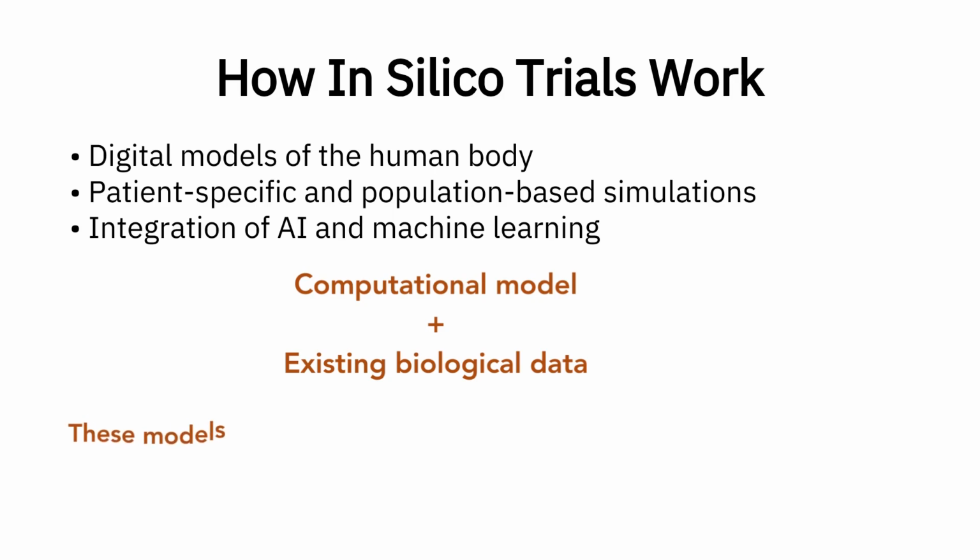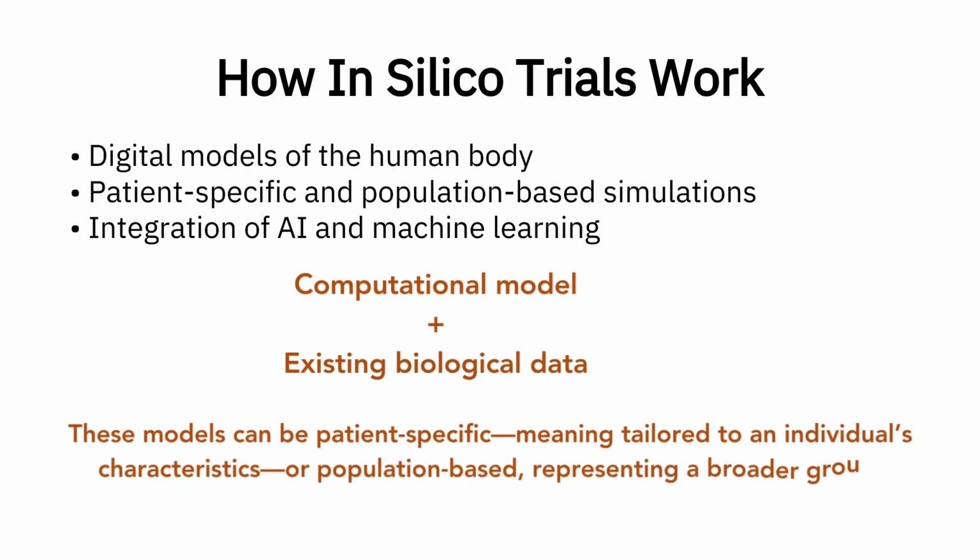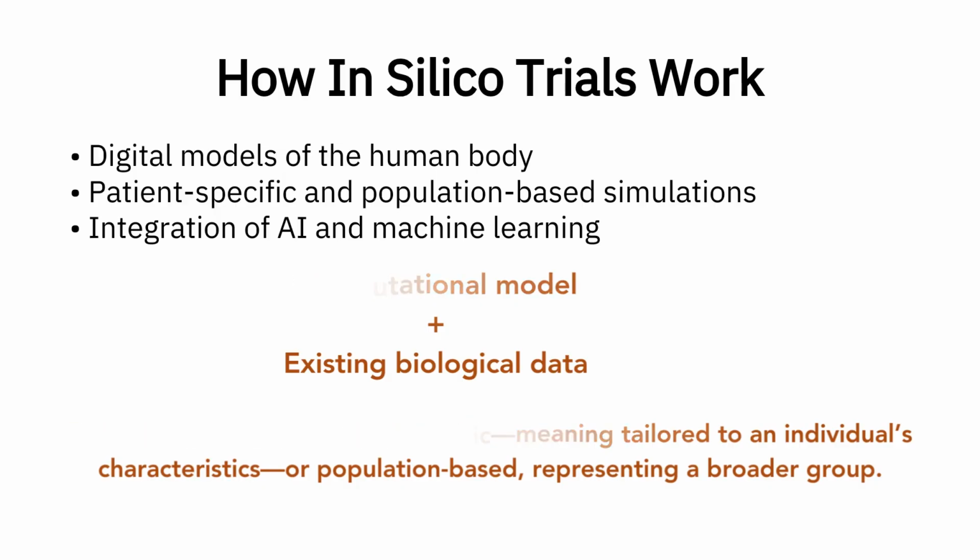These models can be patient-specific, meaning tailored to an individual's characteristics, or population-based, representing a broader group. And here's where artificial intelligence comes in. AI and machine learning algorithms can rapidly process massive data sets from previous trials, medical literature, and real-world patient records. This makes the simulations not just faster, but also more accurate and adaptable.